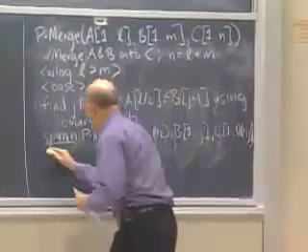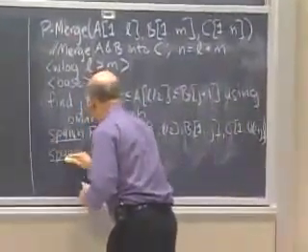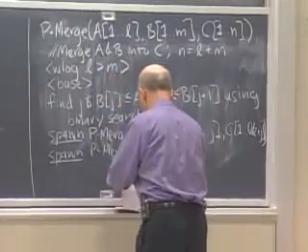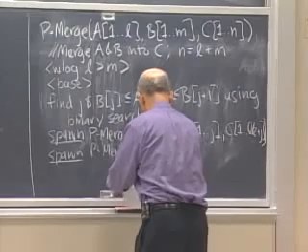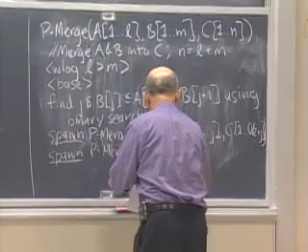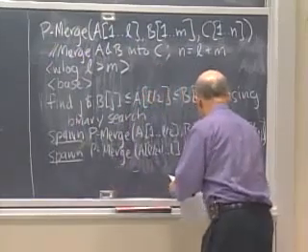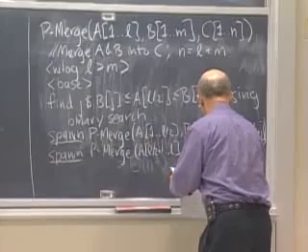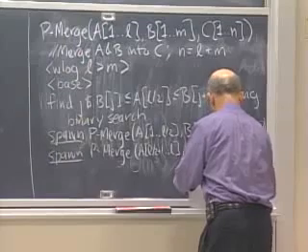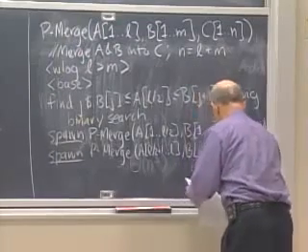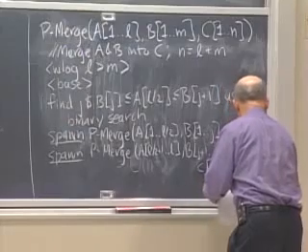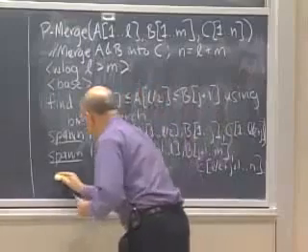And similarly now we can spawn off a merge of A of L over 2 plus 1 up to L, B of J plus 1 up to M, and a C of L over 2 plus J plus 1 up to N. And then I sync.